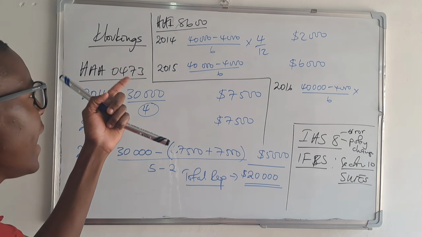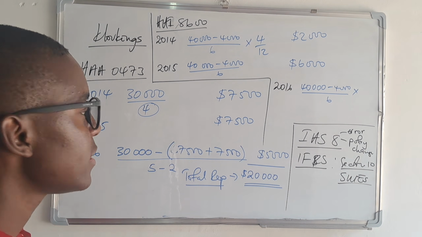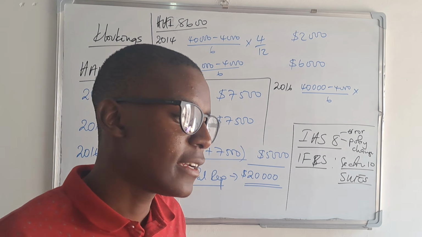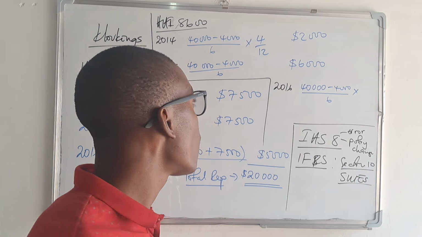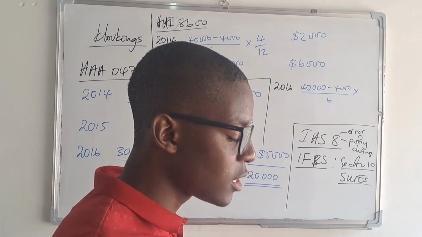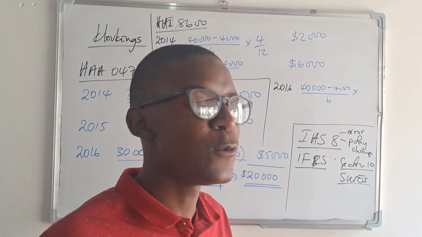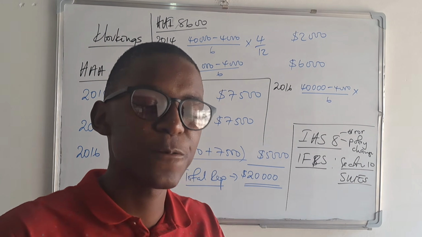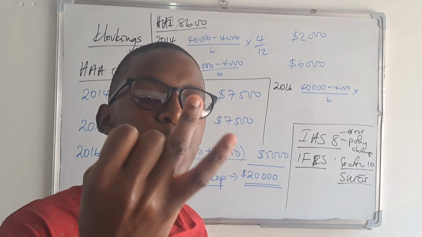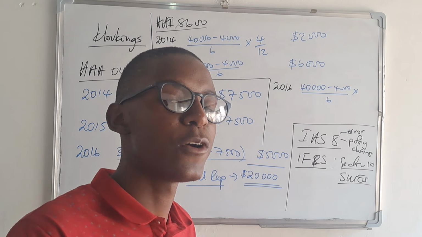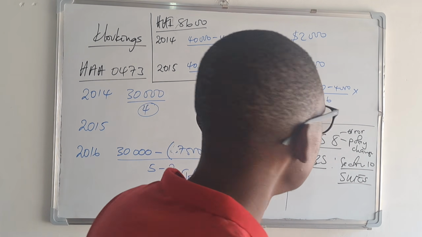Remember that AAI 8600 on June 30 was traded in. Since it was traded in, we are going to calculate the depreciation from 1 January 2016 to June 30, which will be 6 months: January, February, March, April, May, June. We are going to count June because it's June 30, it already worked.